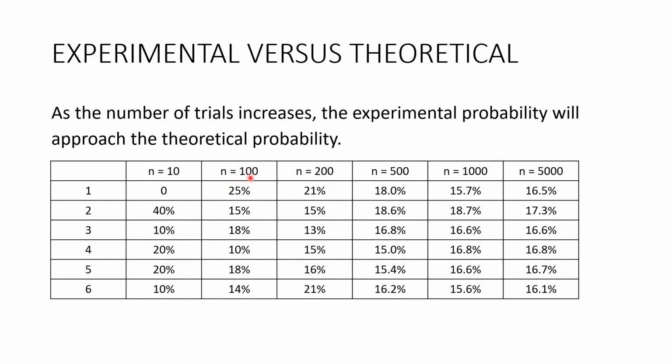But as the number of trials increases, these probabilities get closer and closer to one another, until we get to n equals 5,000, so 5,000 trials, where they're almost the same. Now remember that the theoretical probability for all of these numbers is 1 out of 6, or 16.7%. And you can see that that's what these numbers are approaching.